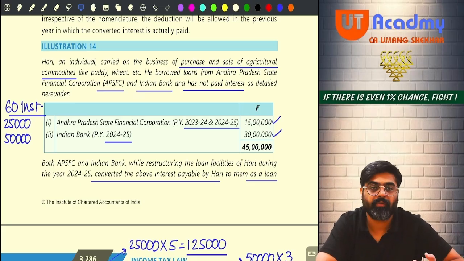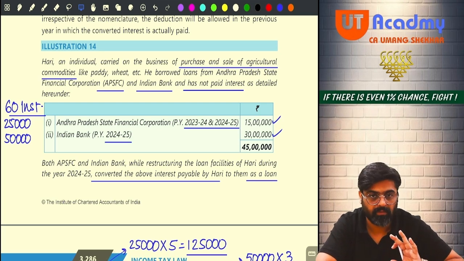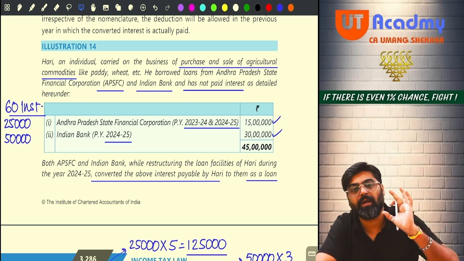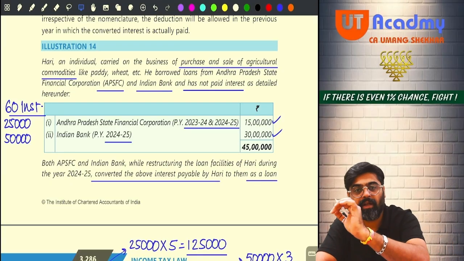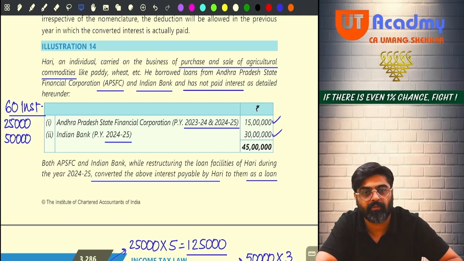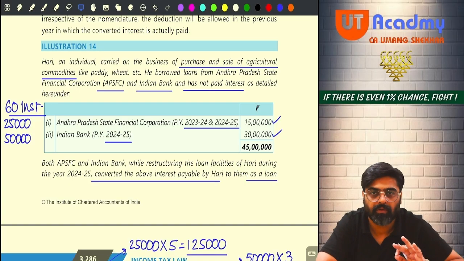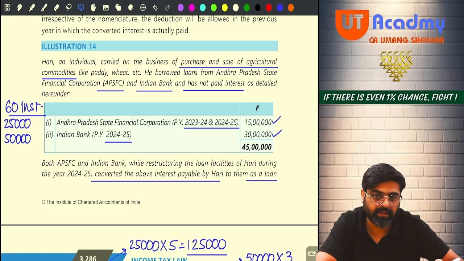SBI, Bank of India, Punjab National Bank, HDFC Bank, likewise Indian Bank is also there. These banks are scheduled banks. So a scheduled bank is there. From the scheduled bank also the loan is taken, and a state finance corporation is there. From the state finance corporation also a loan is taken for the purpose of business. Okay. And on those loans has not paid interest as detailed below.